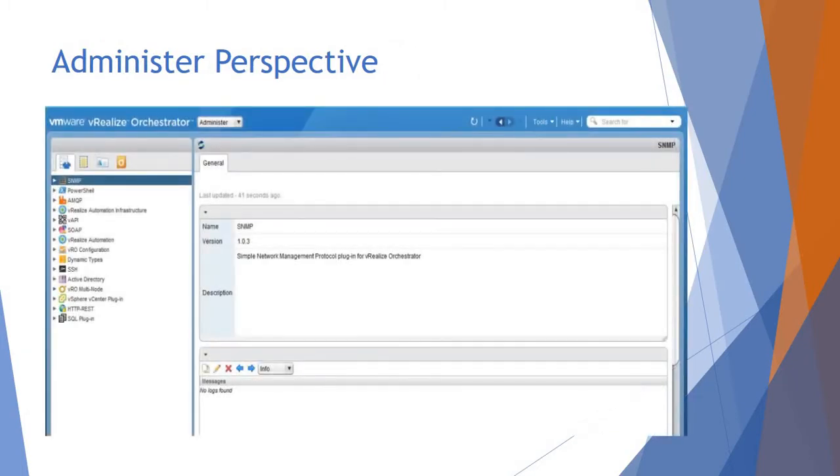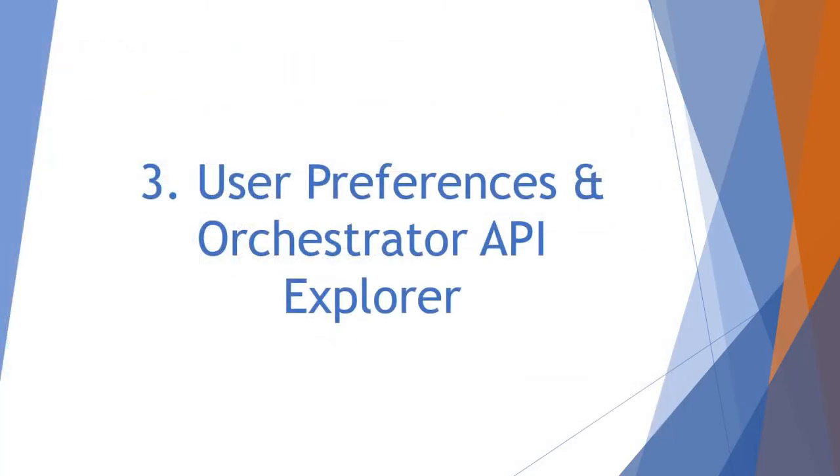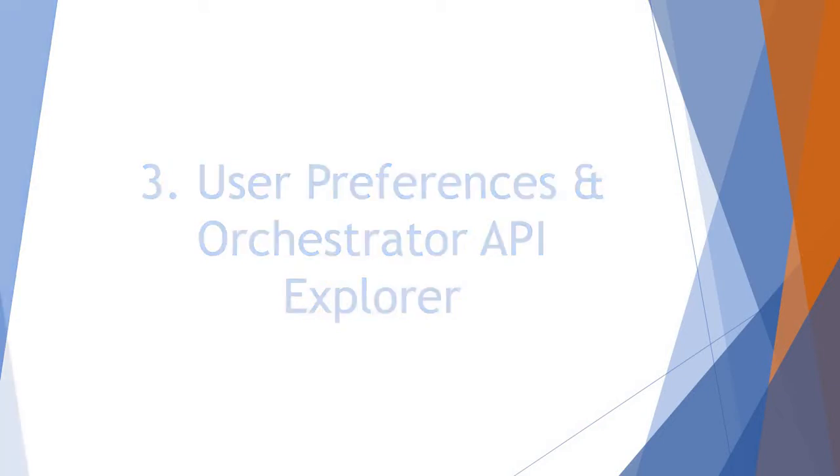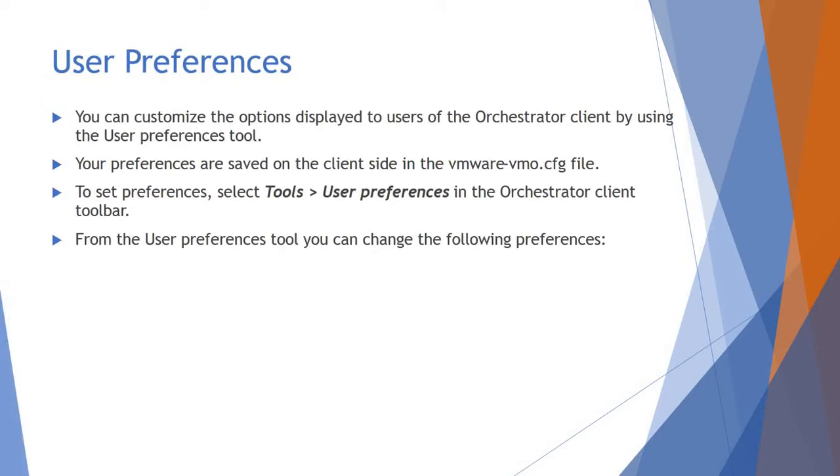Now, let's move to the next topic, user preferences and Orchestrator API Explorer. Let's talk about user preferences. You can customize the options displayed to a user of the Orchestrator client by using the User Preferences tool.